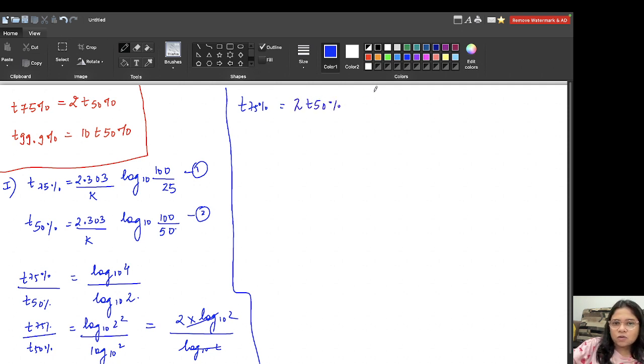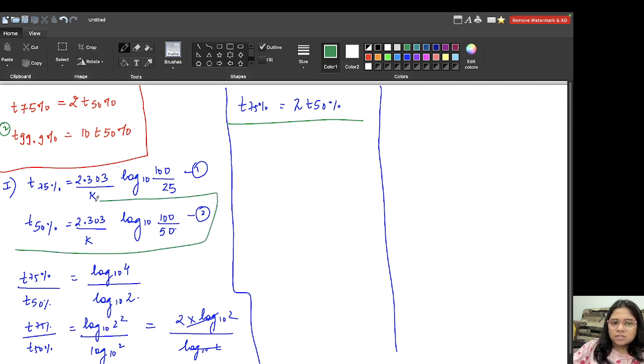The second case, how will you prove the second one? T 50%, you already know this thing, okay? So just save this equation. T 99.9%, which means how much is left then? 0.1% is left, right? 2.303 by K log base 10 of 100 upon 0.1.